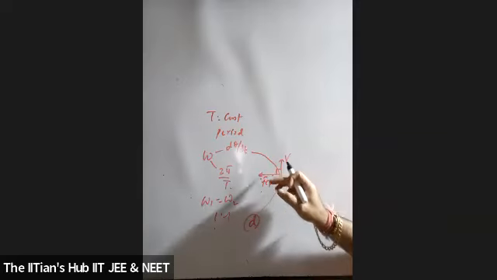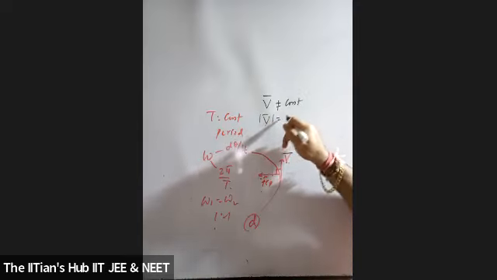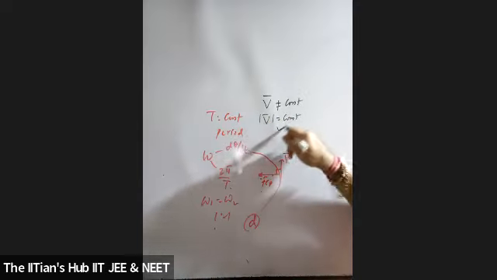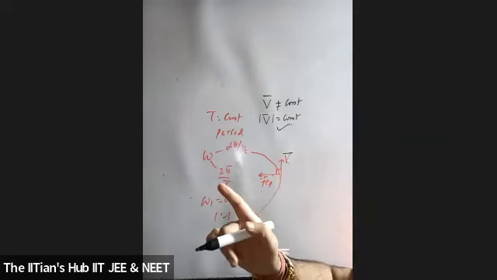Yes, students, velocity cannot be constant. Students, magnitude of velocity is constant. Direction changes. Students, option A will be wrong.